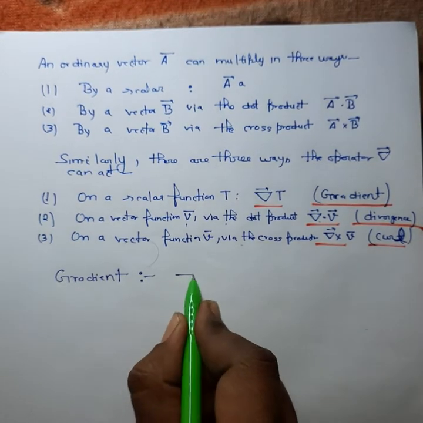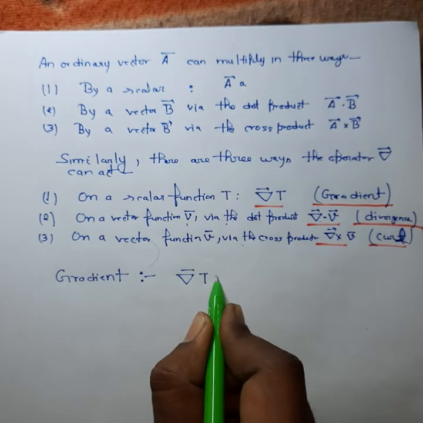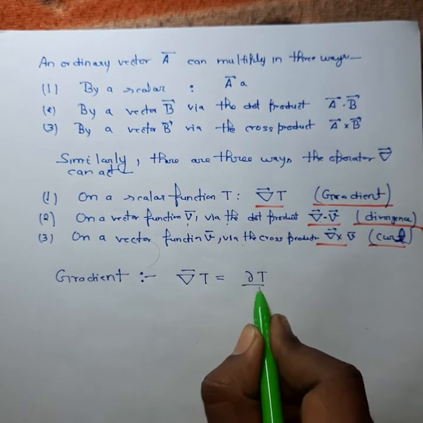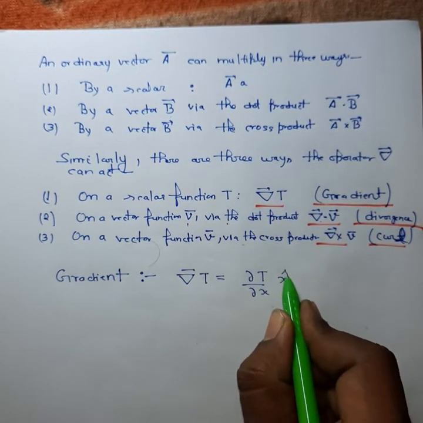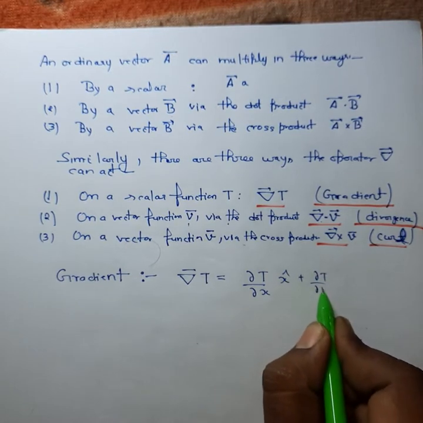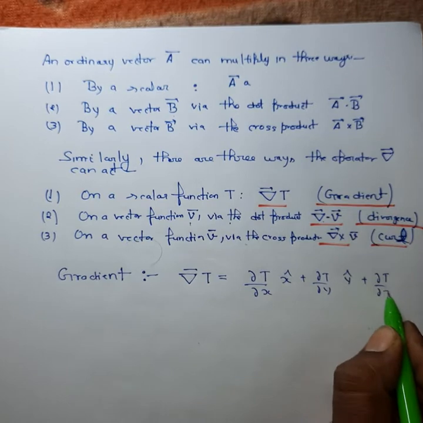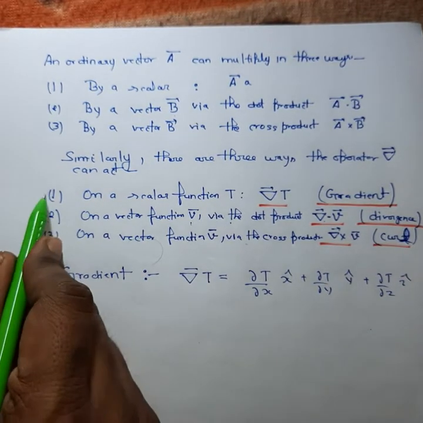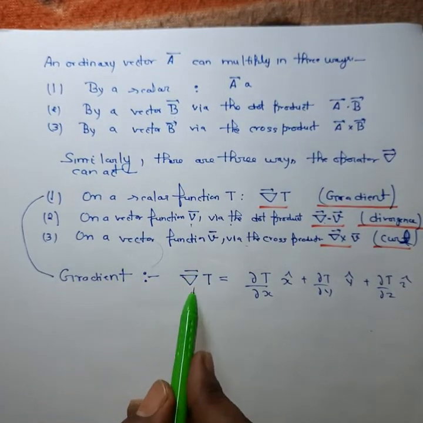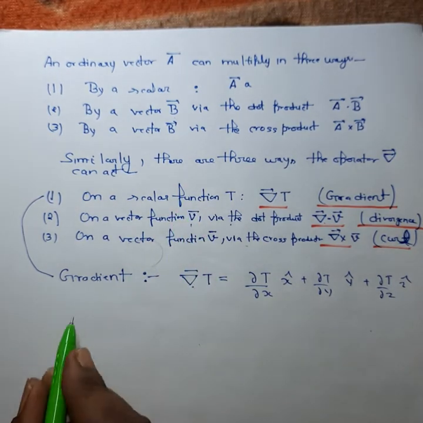So gradient of t is defined as del t by del x x cap, del t by del y y cap, and del t by del z z cap. This is the product of del with a scalar function.